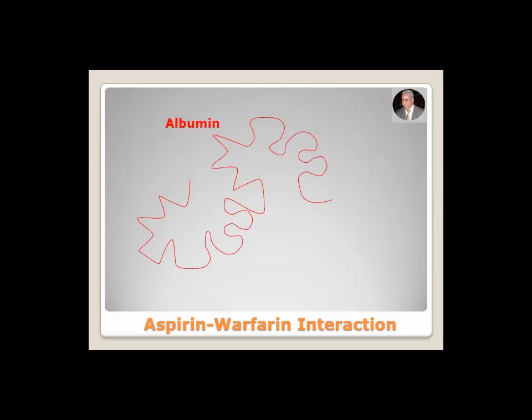At the pharmacokinetic level, aspirin affects binding of warfarin to plasma protein. This is the molecule of albumin, the most famous plasma protein. Albumin is made of amino acids. Some of these amino acids are acidic, some are basic, and some are neutral.